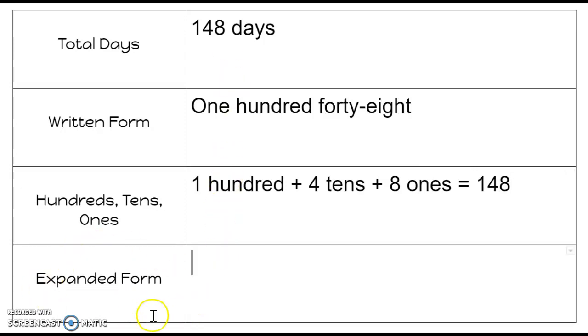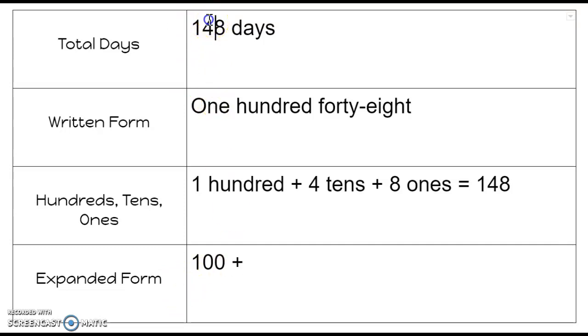And expanded form. Now, remember, this isn't just an equation. If it said equation, that would be different, okay? So expanded form is using the hundreds, tens, and ones in the number to help you write it out in expanded form. Just like here, there is 100, because that's in the hundreds place.